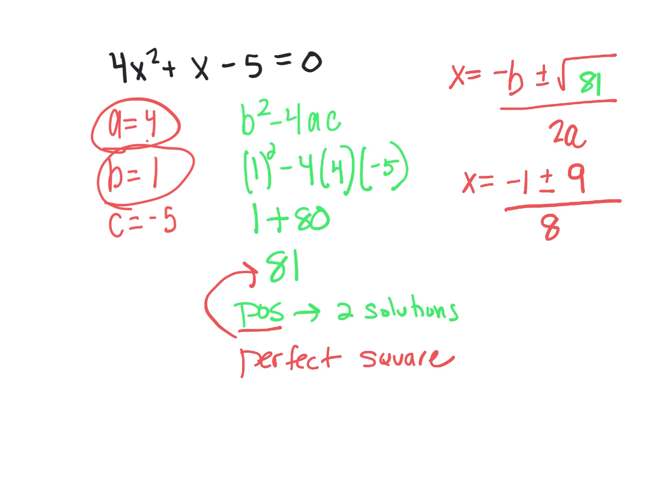Now, when we have a discriminant that's a perfect square, we are going to continue on and find our 2 answers. So I'm going to take this and break this into 2 parts.